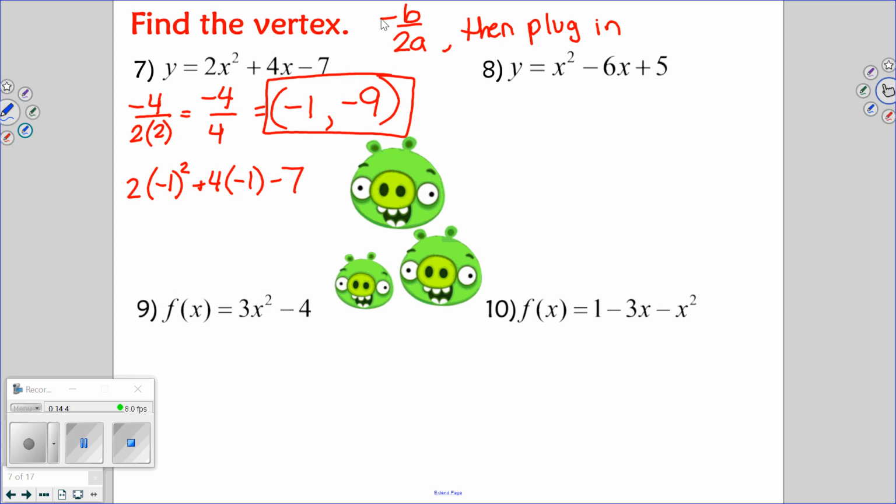All right, so number 8. So -b. What's -b? It'd be a +6, because technically it's negative, and then that's -6, which is just positive 6, over 2 times a. So we get 6 over 2, which is 3.